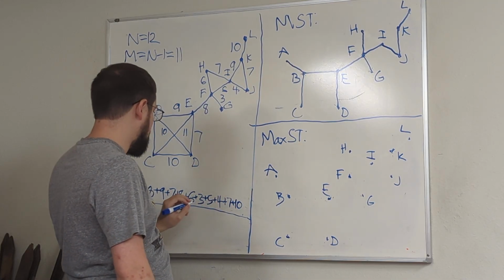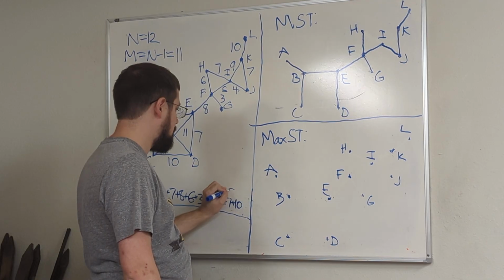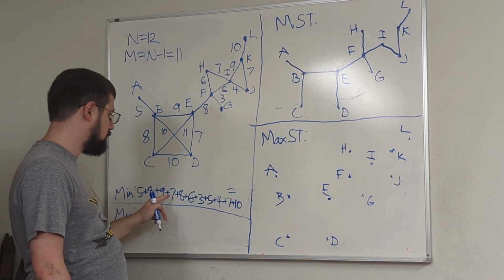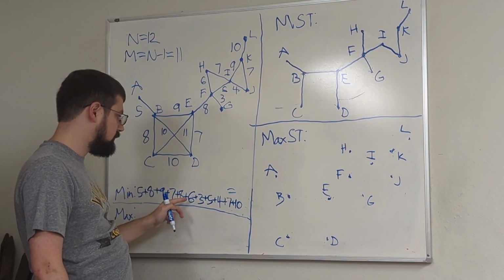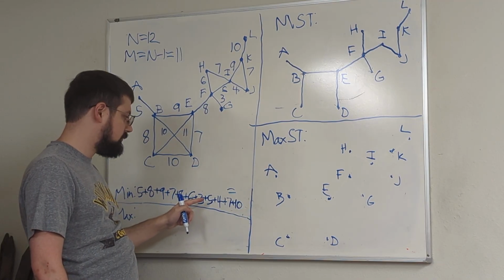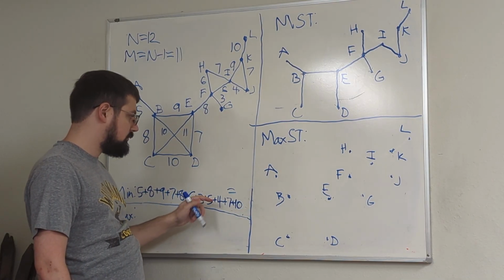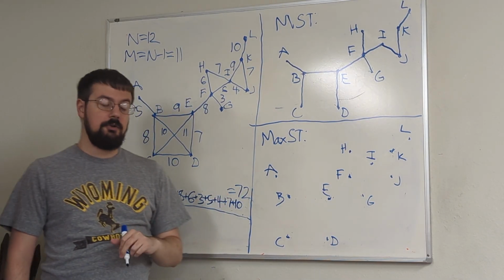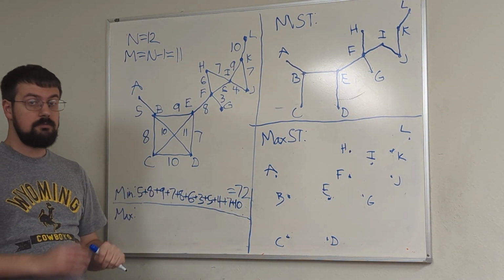So if we add all of these up, we get a total of 72. So 72 is the total weight for our minimum spanning tree.